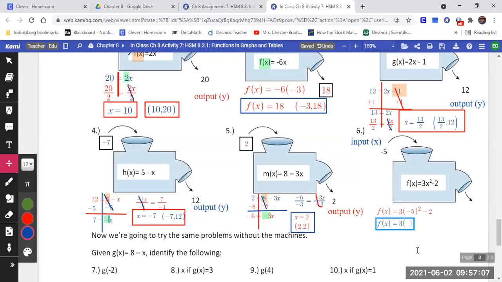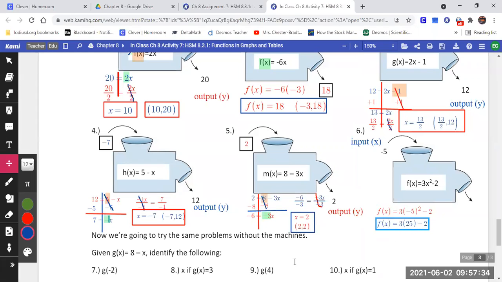Because that's what -5 squared means. What is -5 times -5? 25, not -25, because negative times negative is positive.